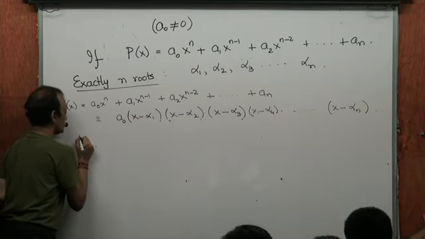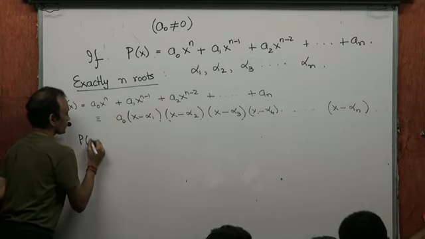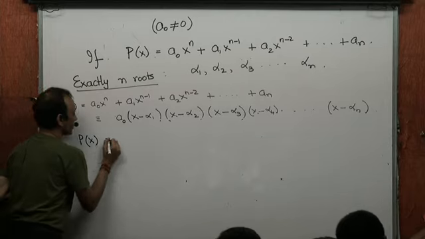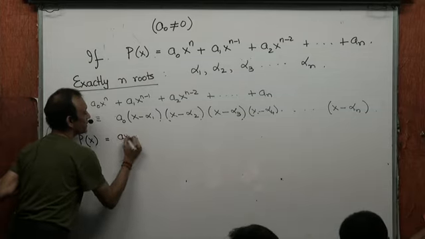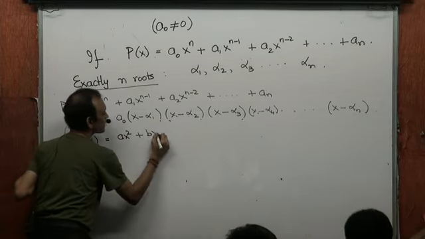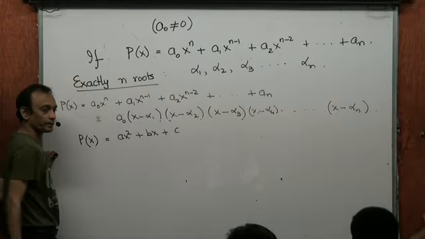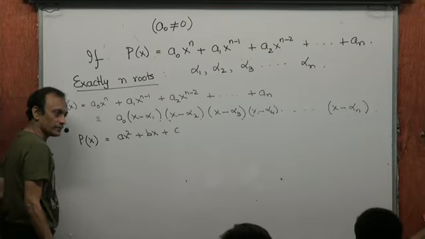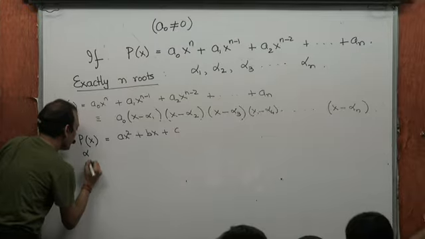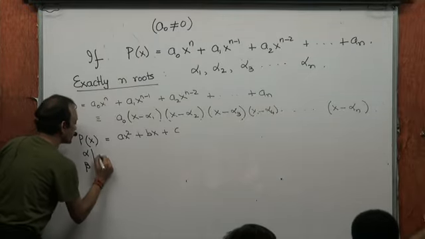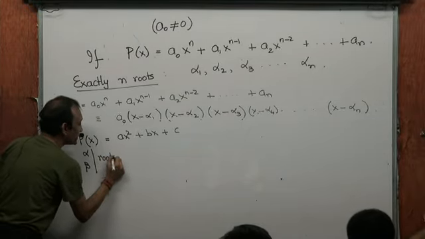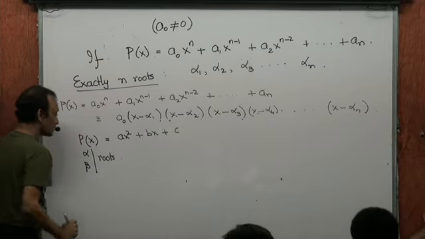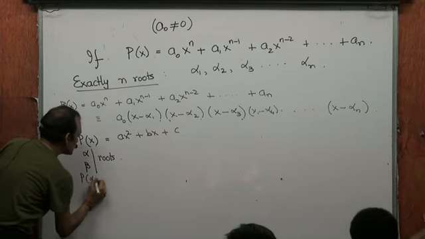Right? Say for example, if I have a quadratic polynomial, say ax squared plus bx plus c, and if alpha and beta are the roots of this quadratic, that means p alpha must be 0.